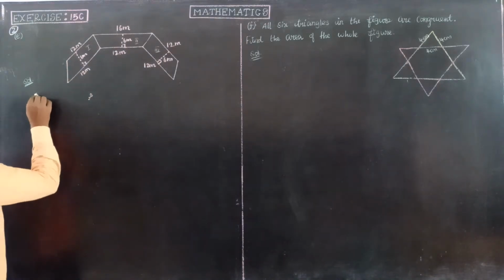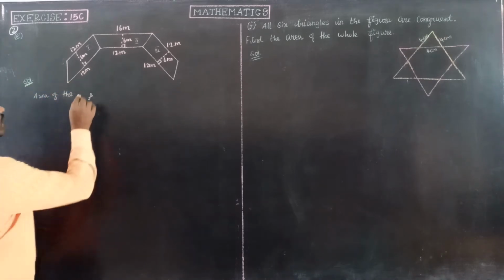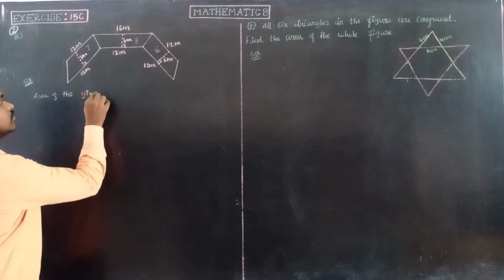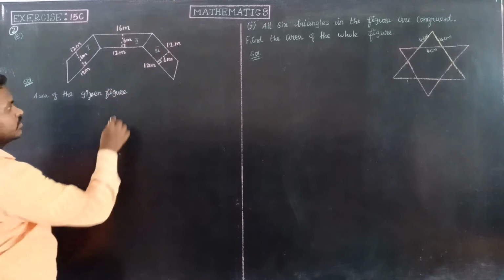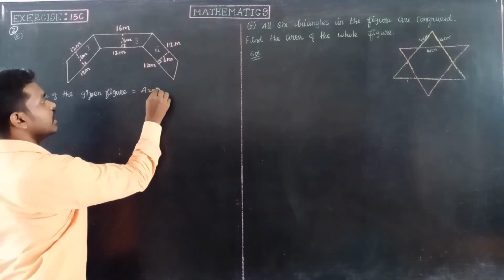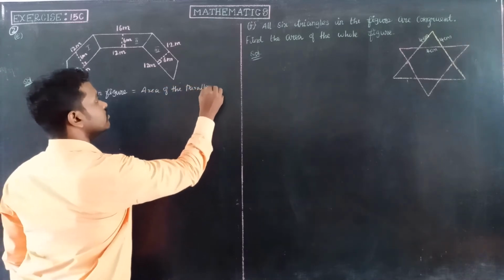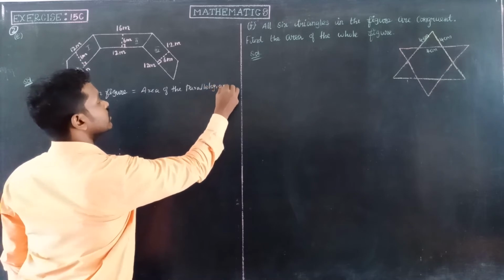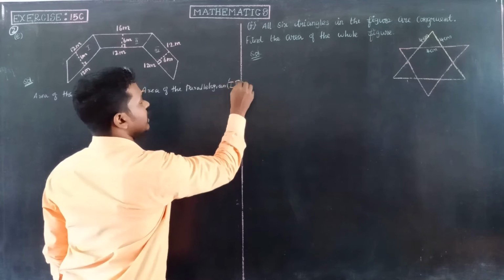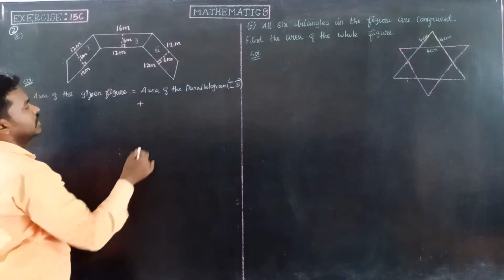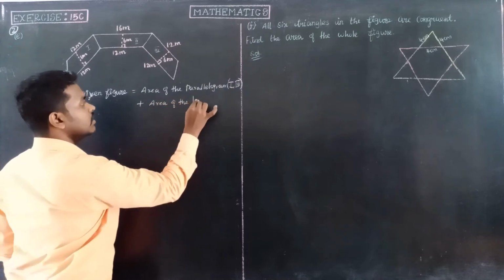So the area of the given figure is equal to the area of the two parallelograms 1 and 3, plus the area of the trapezium.